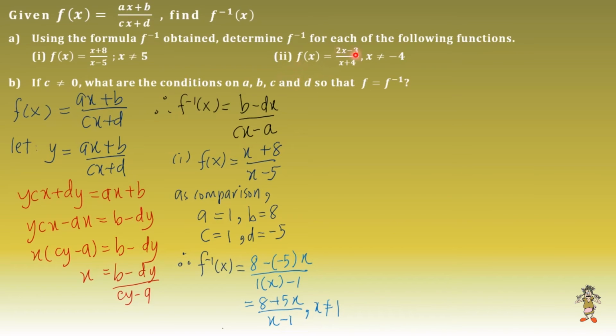f(x) equals (2x minus 3) over (x + 4), and x is not equal to negative 4. Again, we use the same method to find the inverse function, right?